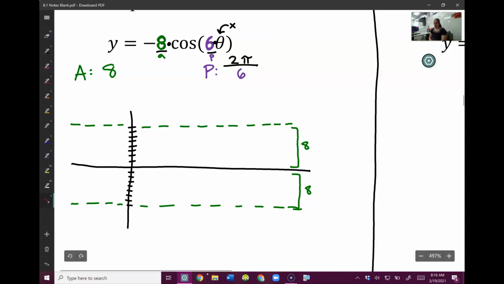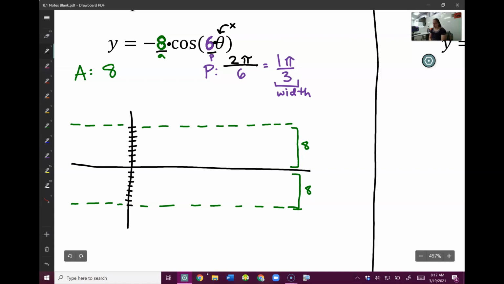It is always 2 pi, always divided by, at least for sine and cosine, what we're doing. And then we can simplify that. 2 over 6 simplifies to 1/3. I'm actually going to do all this in purple. So that is the width of my curve. My curve needs to be pi-thirds wide.